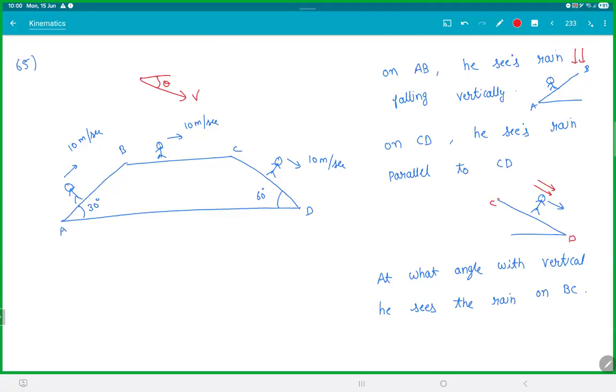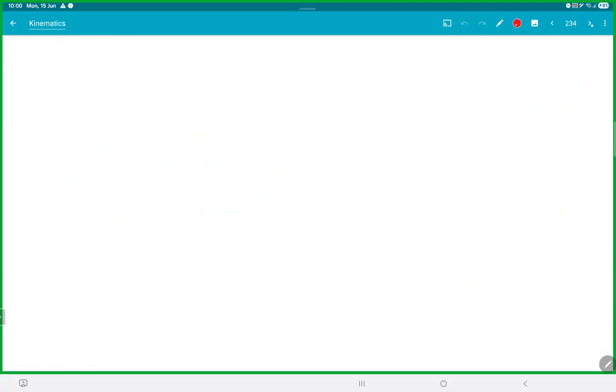Okay, let's see what happens on CD. Let rain fall with V and theta. Like this V, and I'm taking theta with the horizontal. You can take anything. Now look at CD.